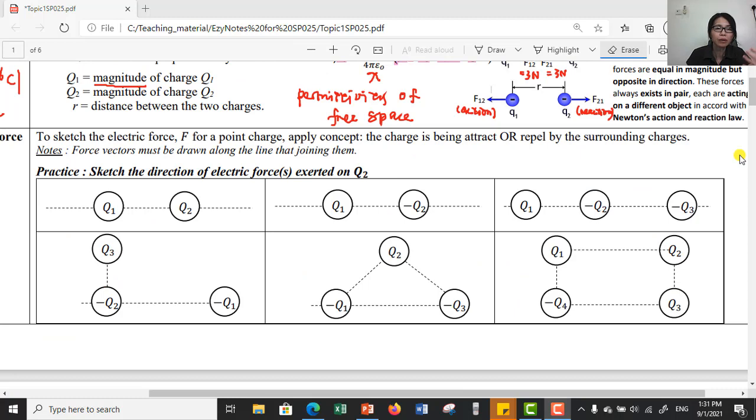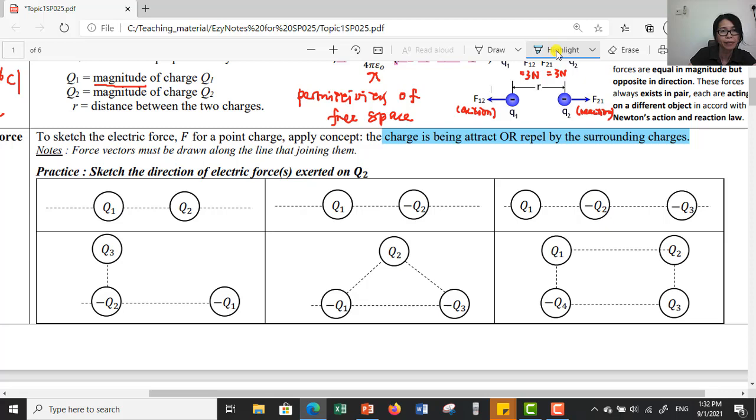So class, how we are going to sketch the electric force F acting on a point charge? So we need to apply the concept of whether the charge is being attracted or repelled by the surrounding charge. So this is the concept that we are going to use when we want to sketch the direction of electric force exerted on a particular point charge.